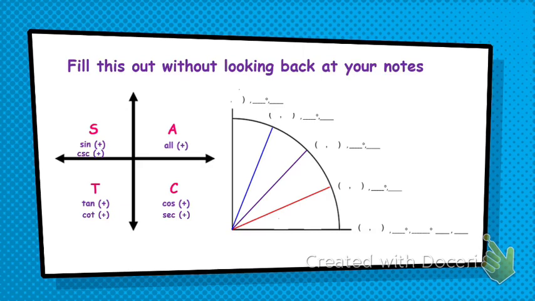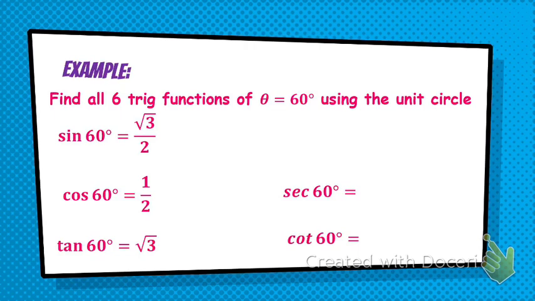Okay, in your notes, I want you to fill out this for today's stuff. We're going to use this to find values for all 6 trig functions. So find all 6 trig functions of theta equals 60 degrees using the unit circle.